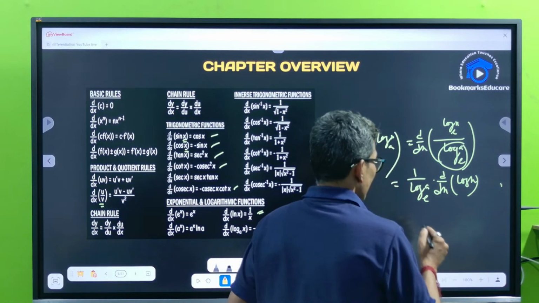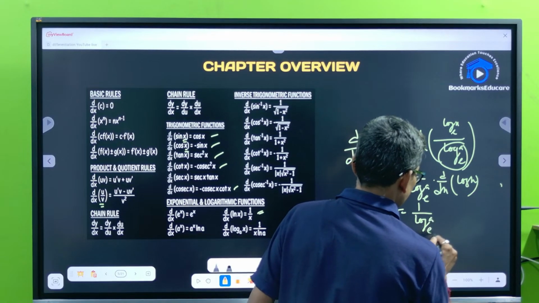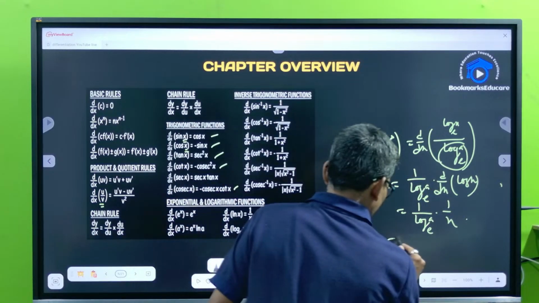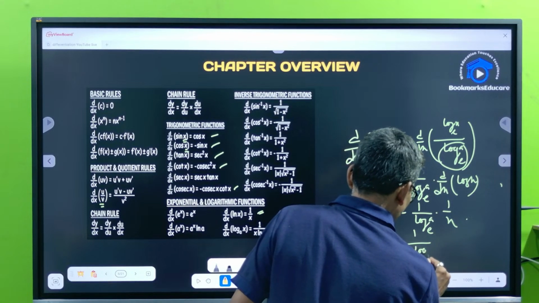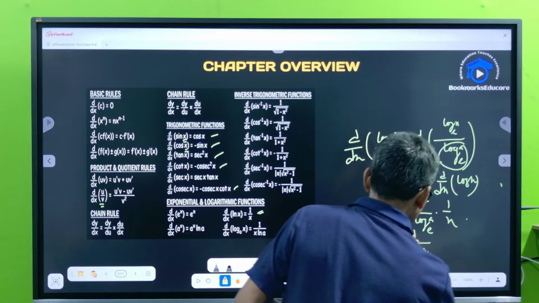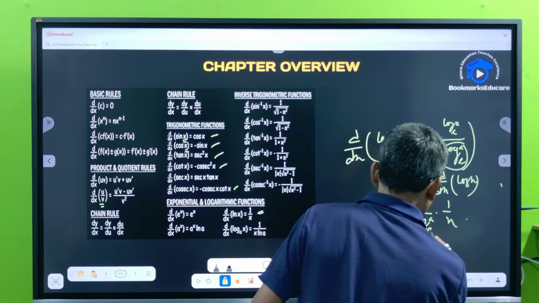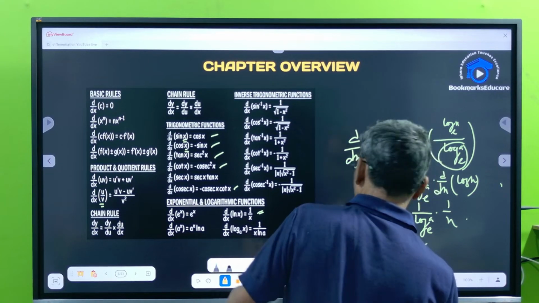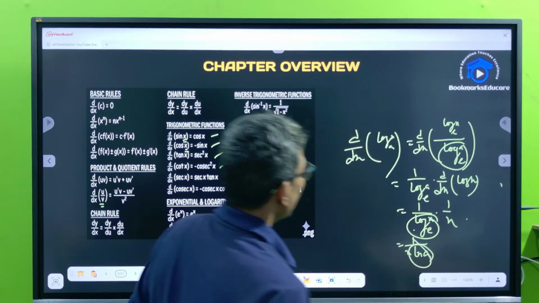So it is 1 by x, and this is meant ln a. This can be written like this.